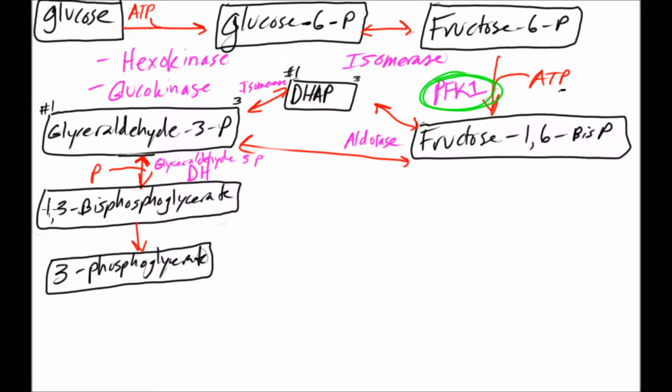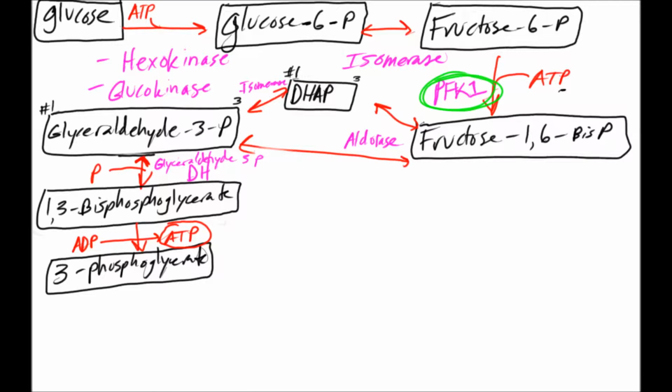Well, we cleave off one of the phosphate groups, and in the meantime, we're going to convert an ADP, adenosine diphosphate, into an adenosine triphosphate. So we actually made an ATP in the process. We're going to take one of the phosphates off this molecule and transfer it to this ADP, thus giving us an ATP. So here we invested 1, here we invested 2. We're finally going to make an ATP at this point.